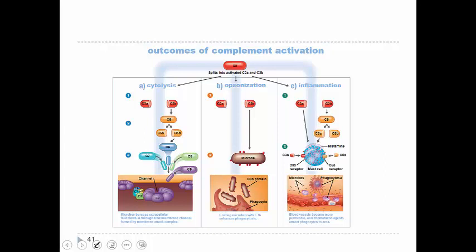I do expect you to be able to tell me that C5b through C9 are the ones that cause damage to the cells. They make the MAC complex, membrane attack complex. That C3b is the one that marks microbes, and that C3a and C5a are going to play a role in inflammation and chemotaxis.